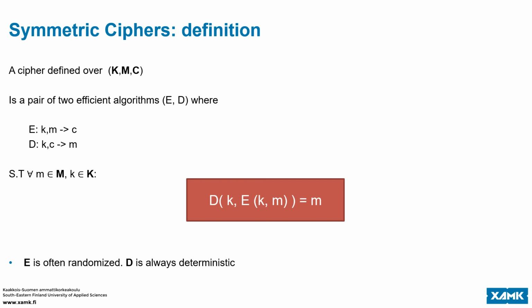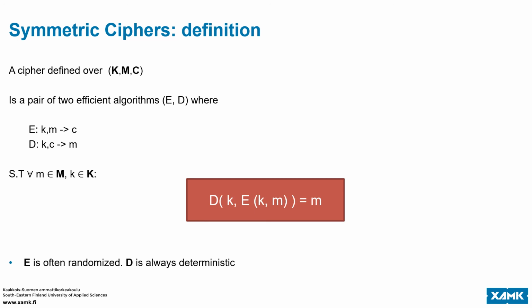Then there is a formula here. This is what is called the consistency formula for ciphers. Basically what it means is for all possible messages and all possible keys, if you encrypt any individual message with some pre-selected key and then proceed to decrypt the resulting ciphertext with the same key, the original message must come out.